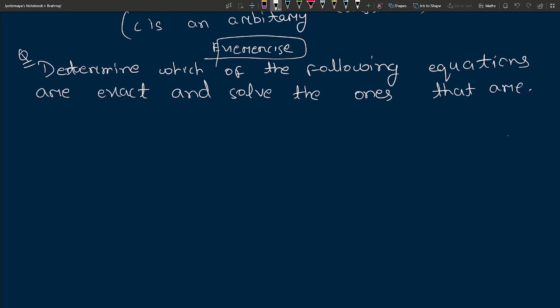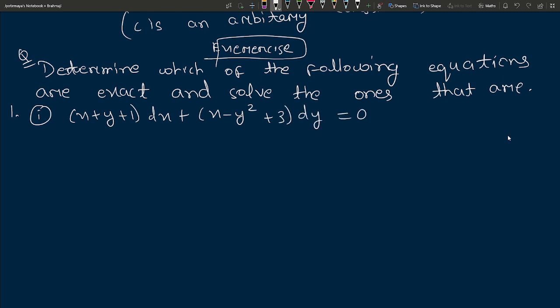Number 1, that is (x plus y plus 1) dx plus (x minus y squared plus 3) dy equal to 0.